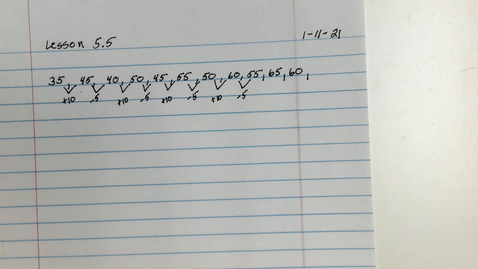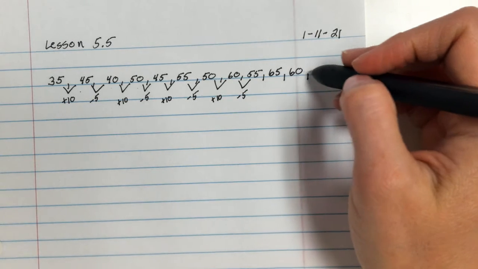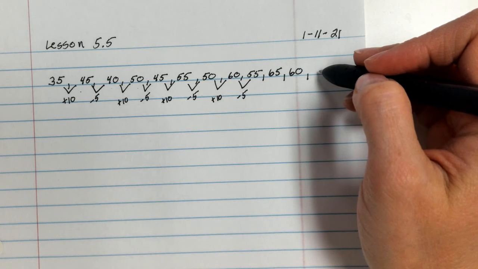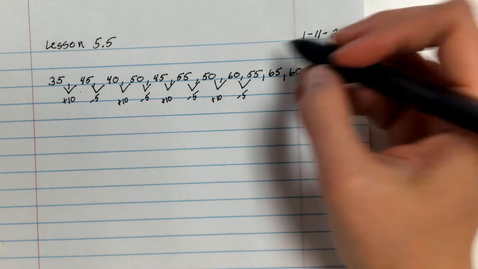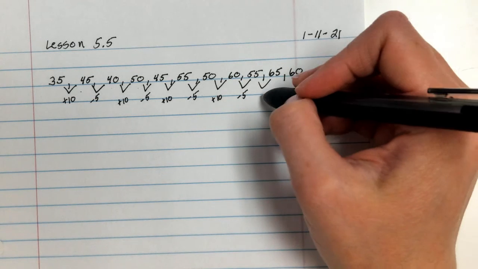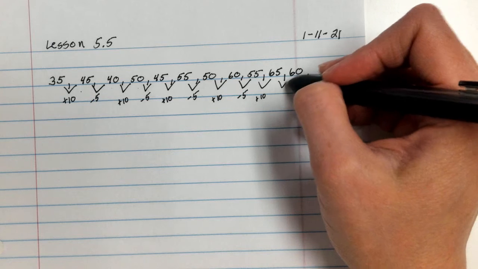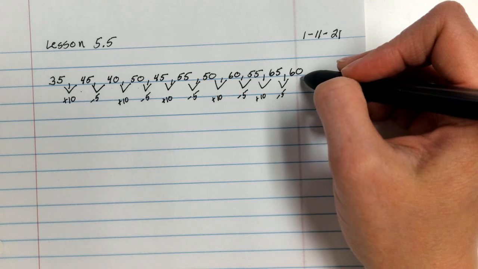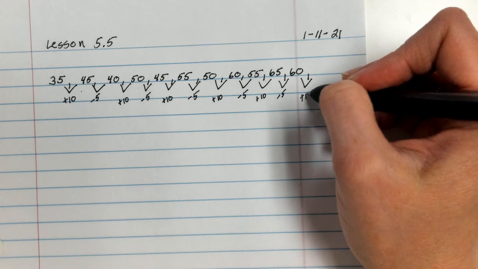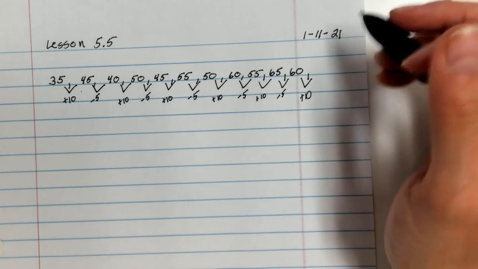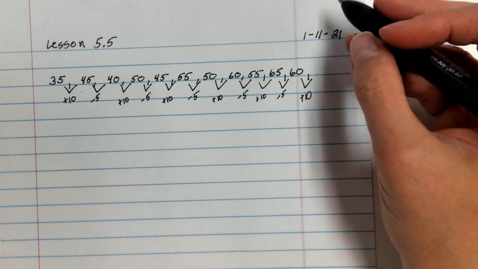All right? So my next number will be what? Not 75, because let's see, this is the add 10. Here's the subtract 5. So I'll add 10. Helena, if I add 10, what do I have?